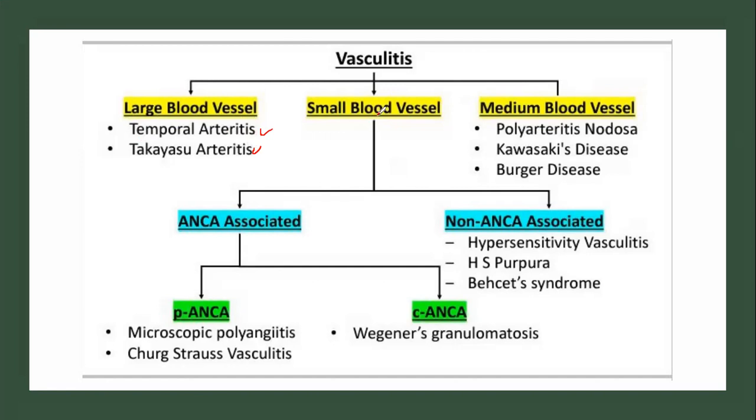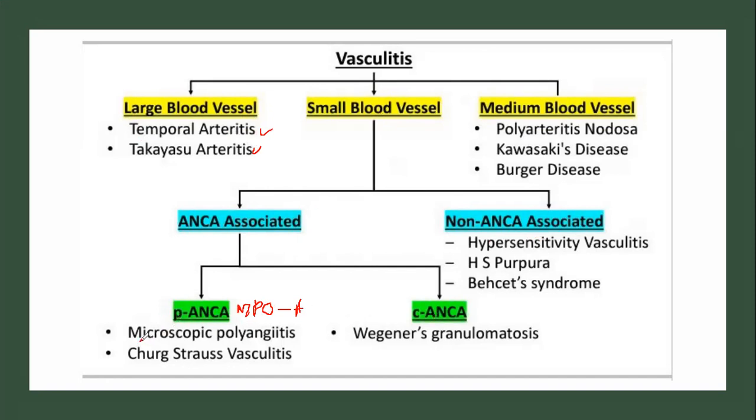Now, under small vessel vasculitis, they can be either ANCA associated or non-ANCA associated. Under ANCA associated, I told you this, you have p-ANCA, which is now also known as the MPO, myeloperoxidase, anti-myeloperoxidase ANCA, okay? And c-ANCA.